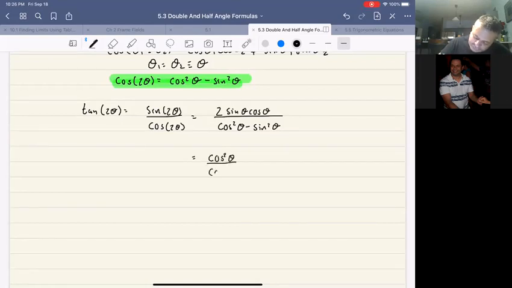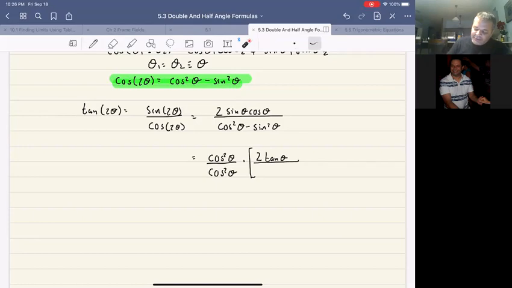If we divide out cosine squared of theta, it's a common trick, okay? So watch me again. I know that this is sometimes confusing. 2, now, sine divided by one of these cosines gives us tangent of theta. Cosine divided by one of these cosines gives us 1. So we're going to get 2 tangent of theta in the numerator.